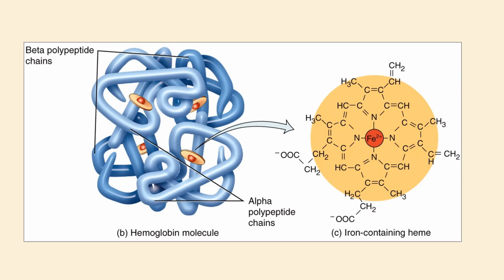That oxygen associates with the iron portion of the heme. So every molecule of hemoglobin has 4 hemes, and each heme can reversibly bind to a single molecule of O2. So this hemoglobin molecule that we see here can possibly carry up to 4 molecules of oxygen.